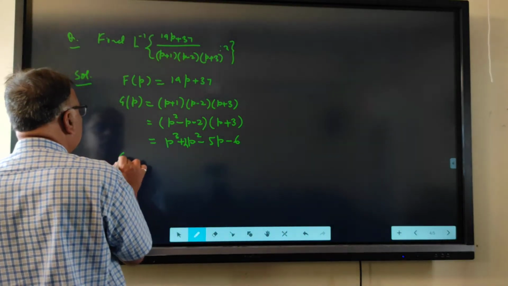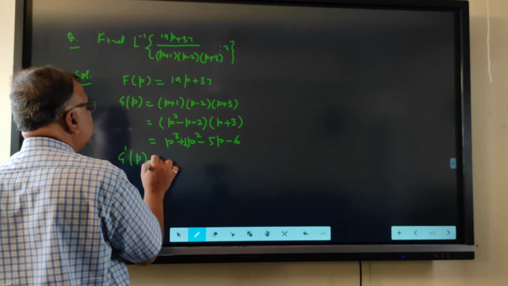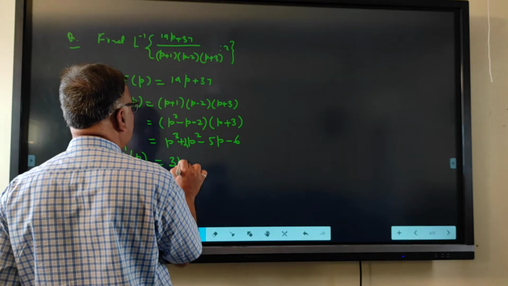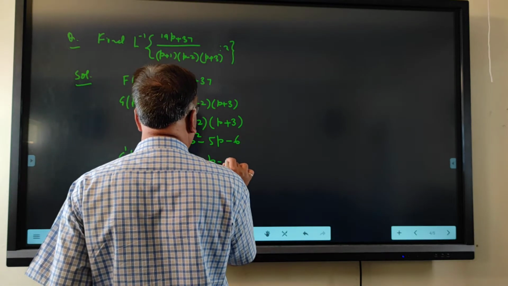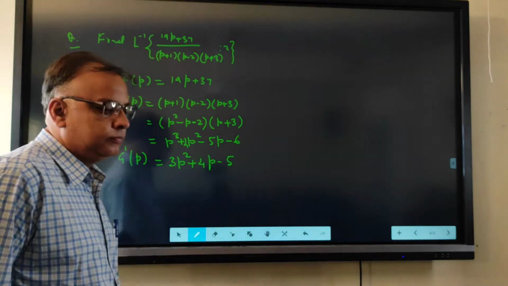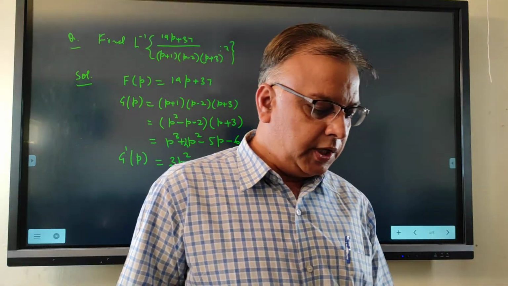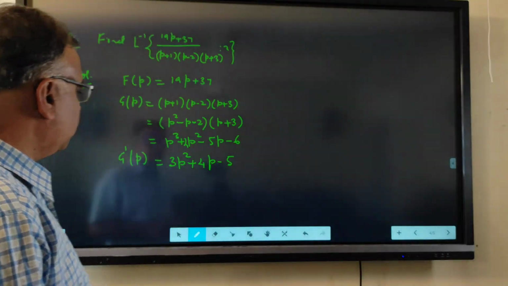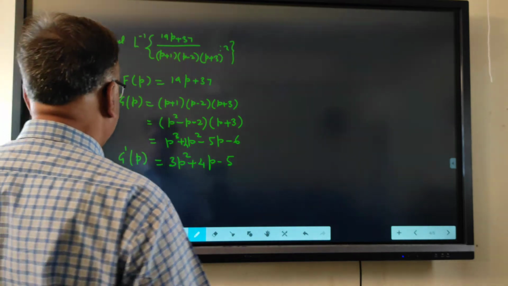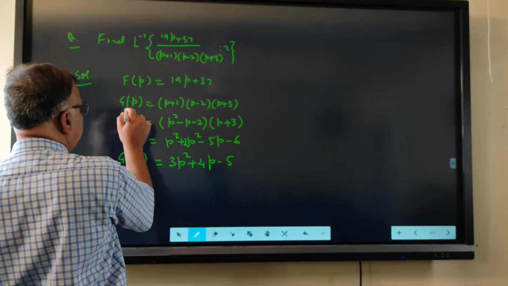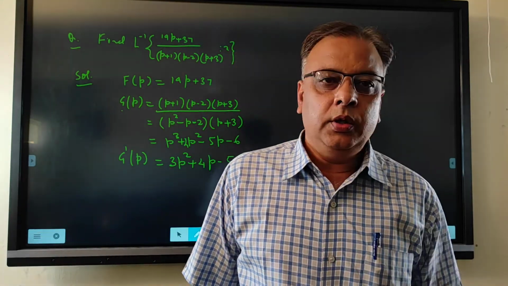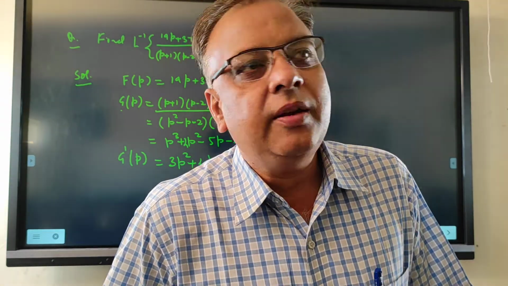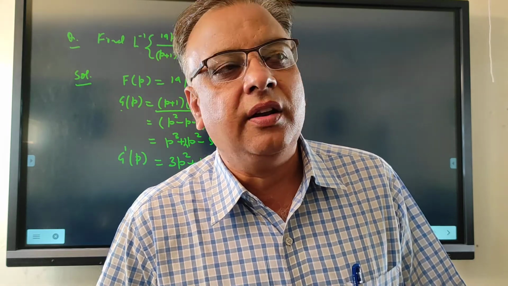Now if you calculate G dash p, then G dash p is equal to 3p square plus 4p minus 5. Here we see that G(p) is a polynomial which can be expressed as linear factors in terms of p.